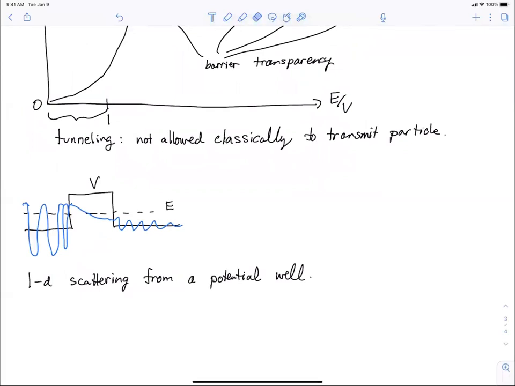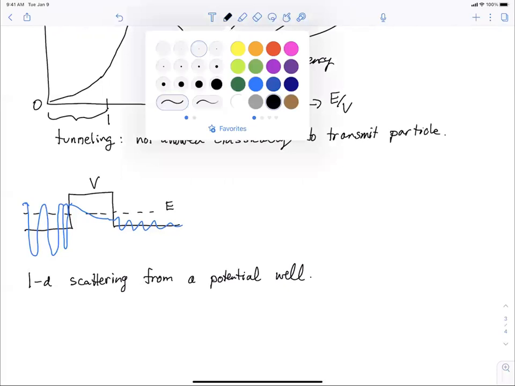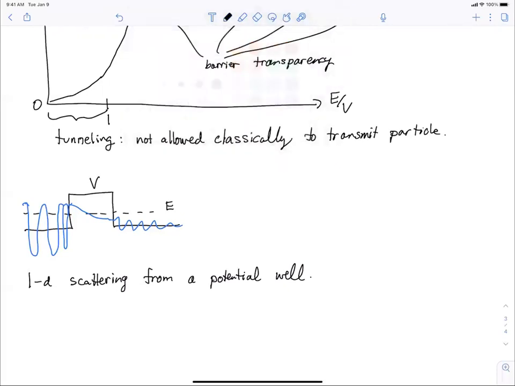Okay, so what does this 1D scattering from a potential well mean? It just means that my pen isn't working. Again, I don't know what's going on. Okay, so it means the potential is, instead of going to be positive, it's going to be negative.